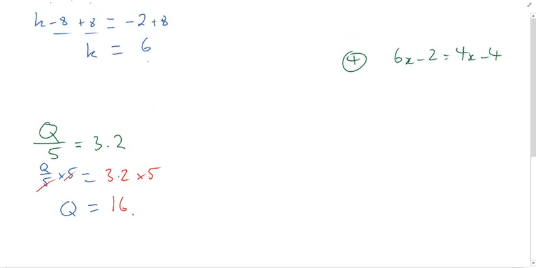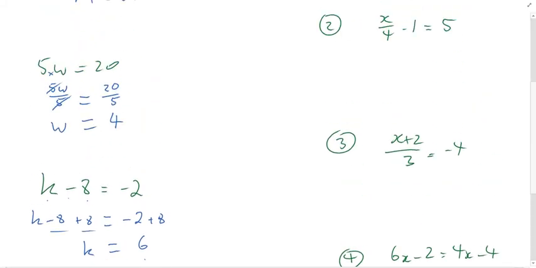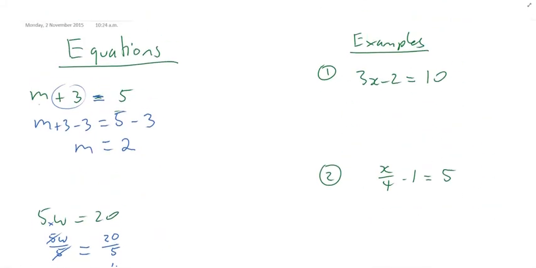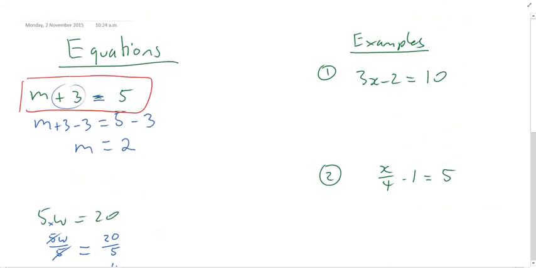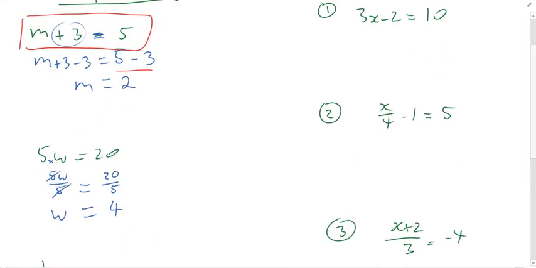So they're my basic skills. I'm basically trying to undo what's been done to the letter. So this is the long way to do it. We'll look at it again. If I've got m plus 3, it's been plus by 3, so I'm undoing what's been done, which is minusing. So that's what I've done. I've minus 3 here, and I do it to both sides actually. Here it's been times by 5.